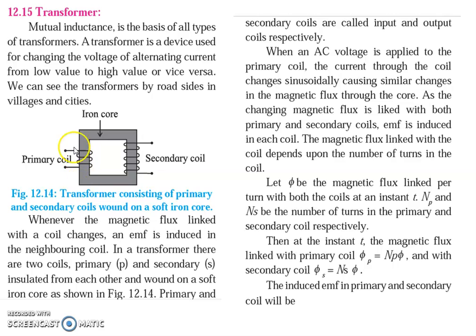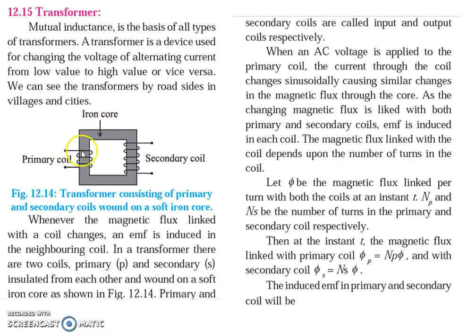Here the magnetic flux is produced in the iron core, and since the magnetic permeability is very high, as well as the magnetic susceptibility being greater than 1 for the soft iron core, it will not allow the magnetic flux lines to move out of the iron core, and therefore it keeps the magnetic flux inside the iron core only.